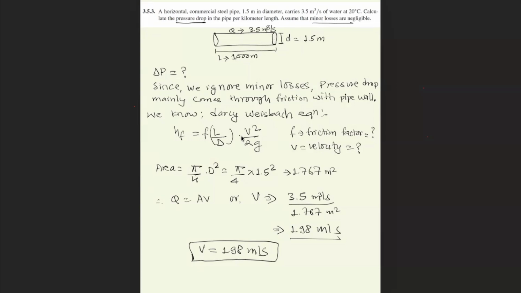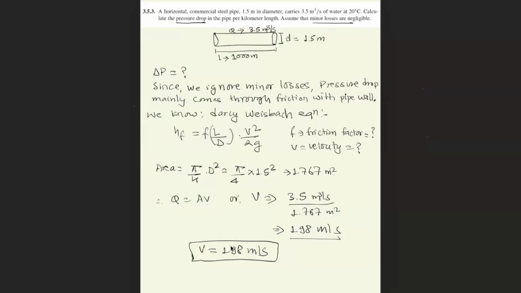Since we are given Q, we can use the continuity equation. Q is equal to area times velocity. This helps us find the velocity, which is equal to 1.98 meter per second.